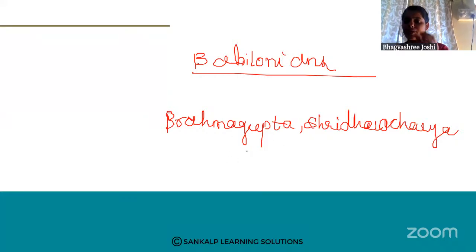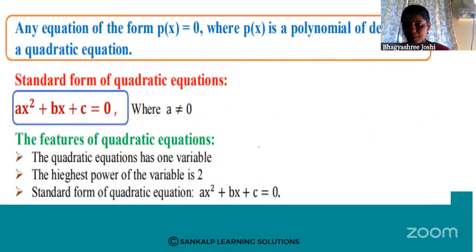Many mathematicians have given methods to solve quadratic equations. So in day to day life, in so many situations we are using quadratic equations. That we will see in the examples.